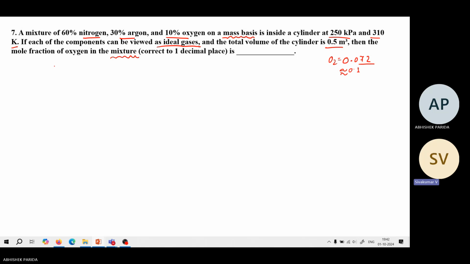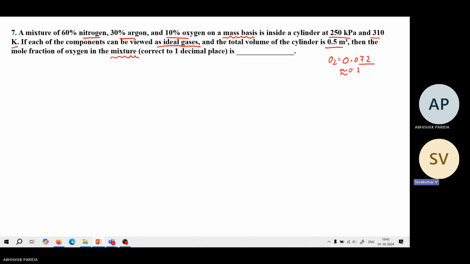I have calculated the gas constant R, that is around 259.8 joule per kilogram Kelvin, followed by the mass of the mixture, that is around 1.6 kg. Then I calculated the mass of oxygen, nitrogen, and argon individually, followed by the number of moles of each, and then I summed the total number of moles in the mixture.